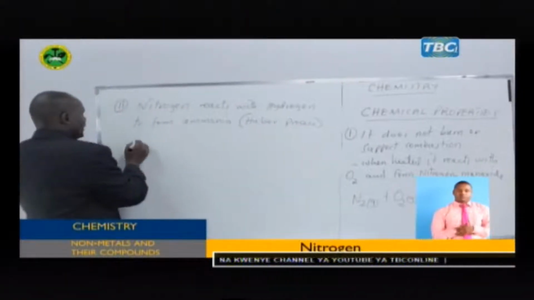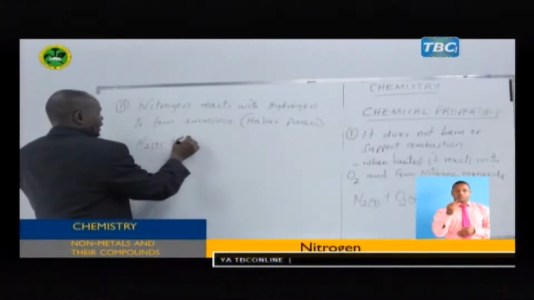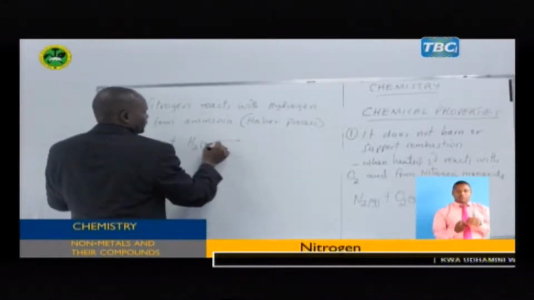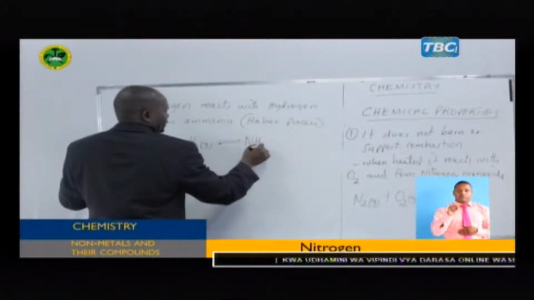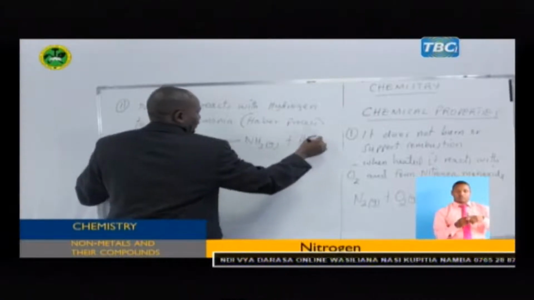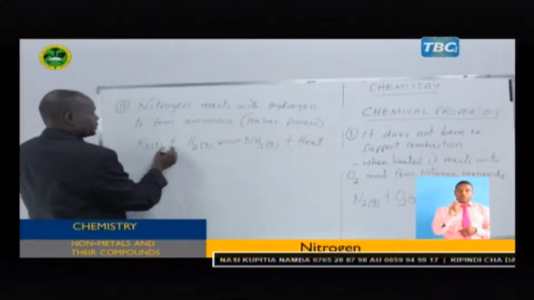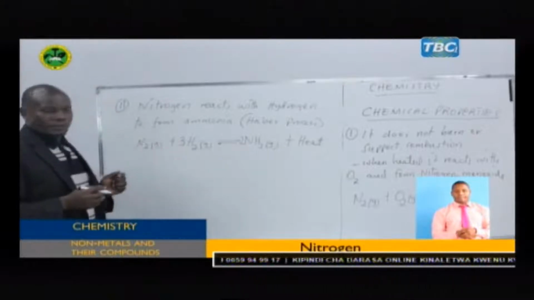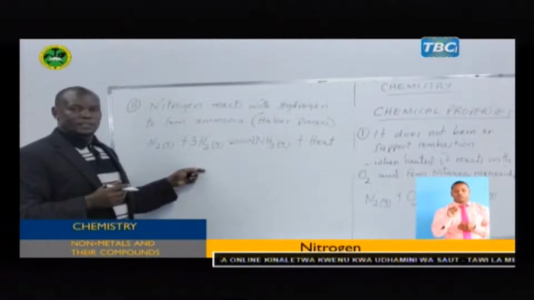So here, if we have nitrogen gas reacting with hydrogen gas, the product formed is ammonia. Ammonia gas is being produced plus heat. The process is exothermic. After balancing, that means here we need to have 2, and there we'll be having 3. So that is how nitrogen reacts with hydrogen gas.